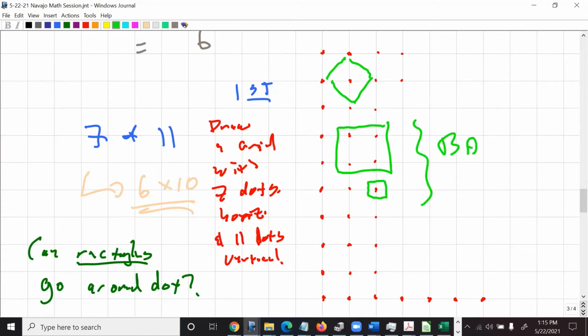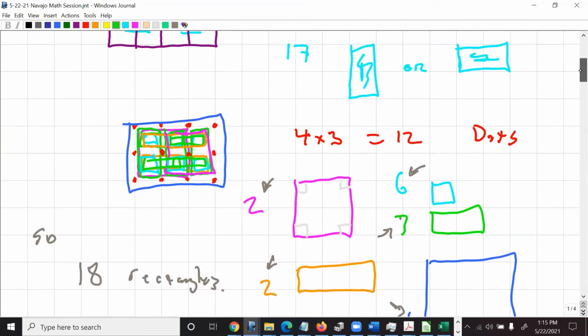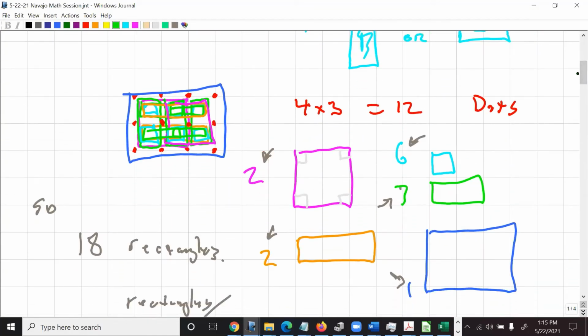Bad rectangles. Well, it could. But as we phrased the problem, when we did the problem up here at the beginning, did we allow tilted rectangles to count?